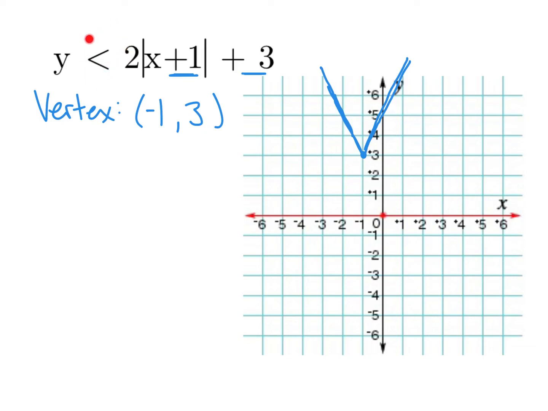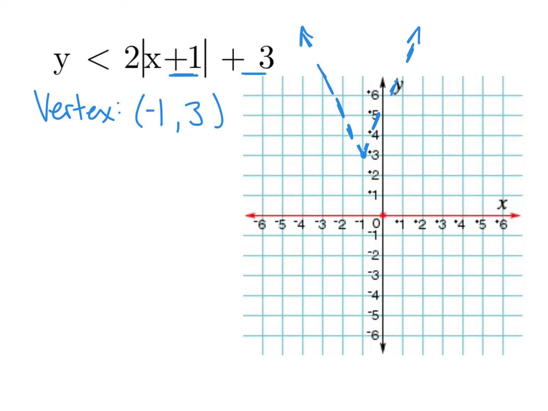And that's where our inequality comes in. Because that is y is less than and not equal to, that means that the lines that we're drawing should not be solid lines. Instead, we should draw them with dotted lines. Like this.